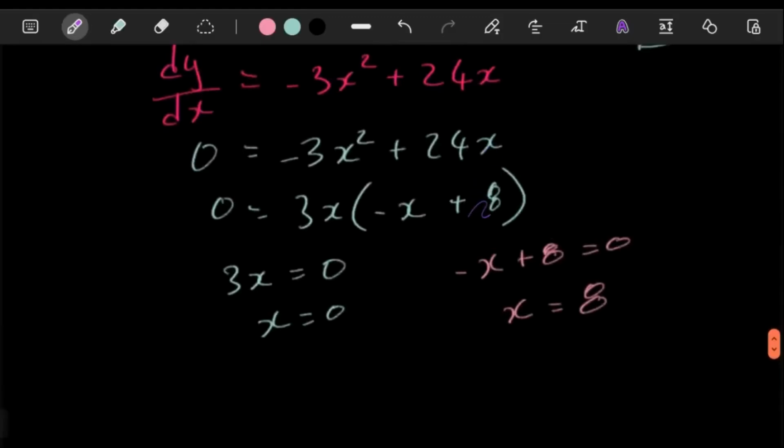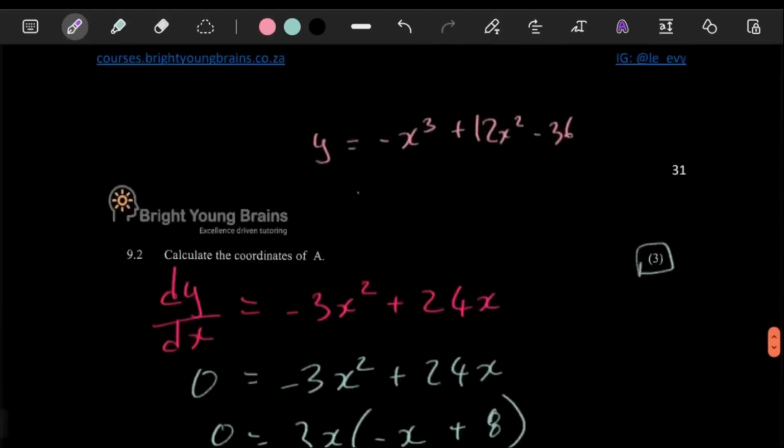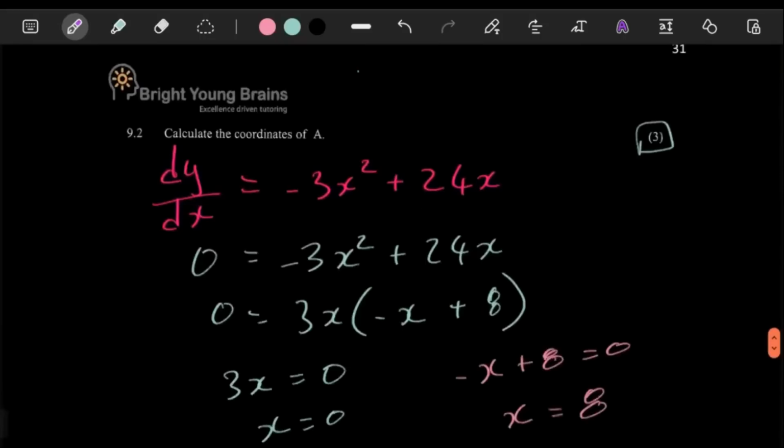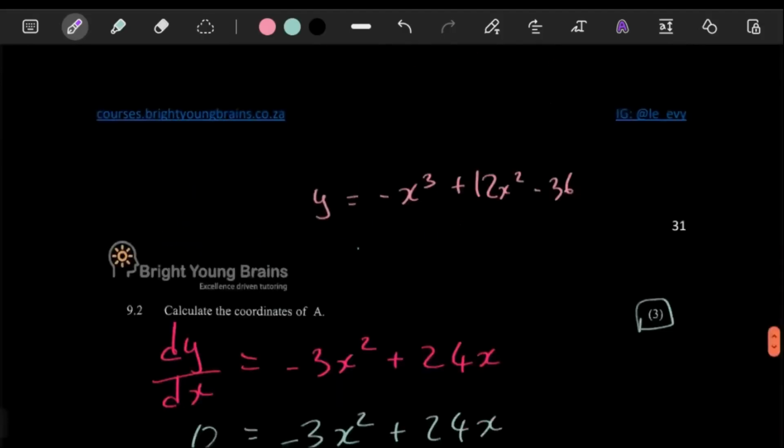Maybe it's because I made a mistake. What did I do wrong? One of our other turning points should be a 6 there because they said B is, what was our value of B? Let me just see here. Oh, I forgot the 36 has an x.